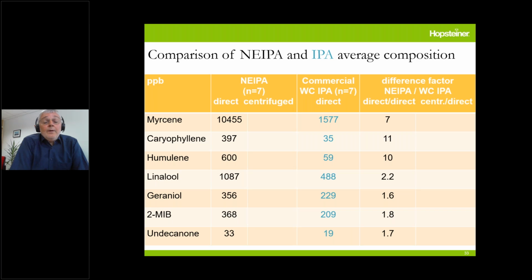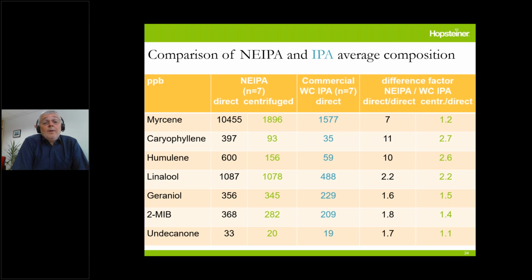And now we compare the results of the New England IPAs after centrifugation with the West Coast IPA directly analyzed. So these are the green marked figures now. For example, for myrcene, we get in the end a reduction of the average value from 10,000 ppb to 1,896 ppb.